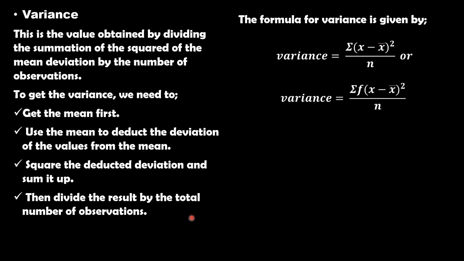Or we can also use the formula variance equals summation of f times (x minus x bar) squared divided by n, where f stands for frequency and n stands for number of observations. The x is the value and the x bar is the mean. We will see how to apply this when we get to the examples. Now let's go to the standard deviation.